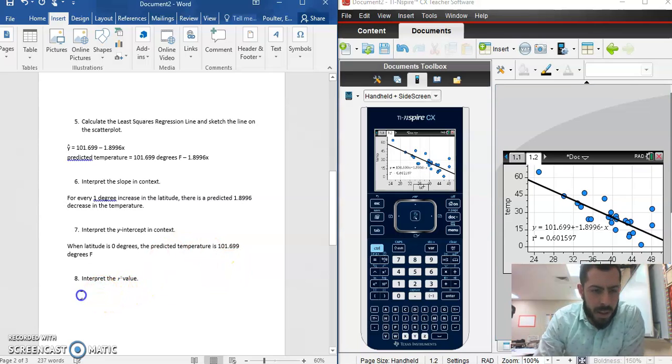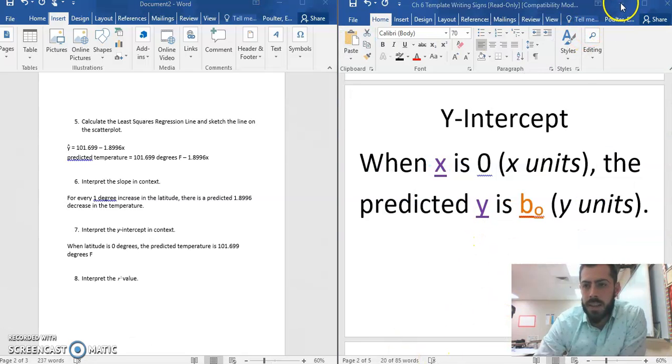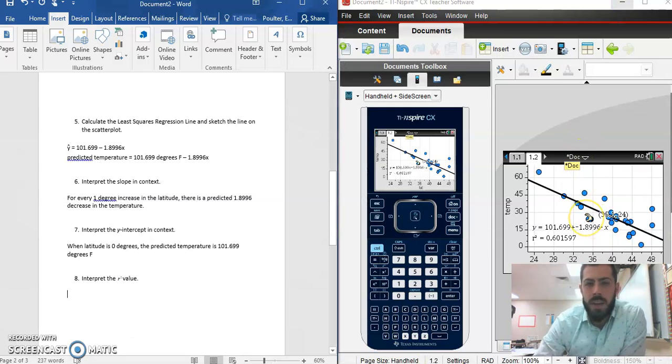Now this last bit, our R squared value. There is another way to calculate this that we won't do, but we do need to know how to interpret it. R squared value is very similar to our R. It tells us how strong our graph is.